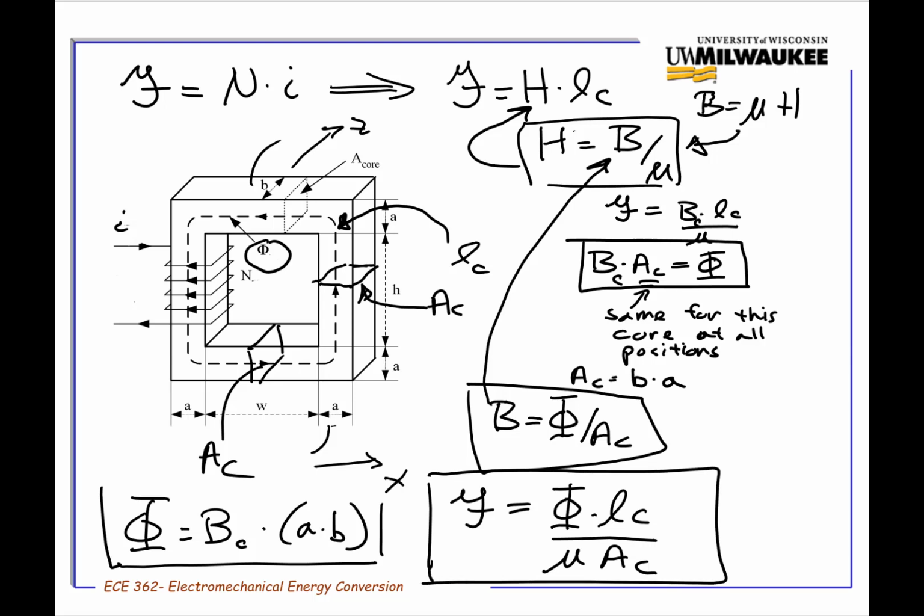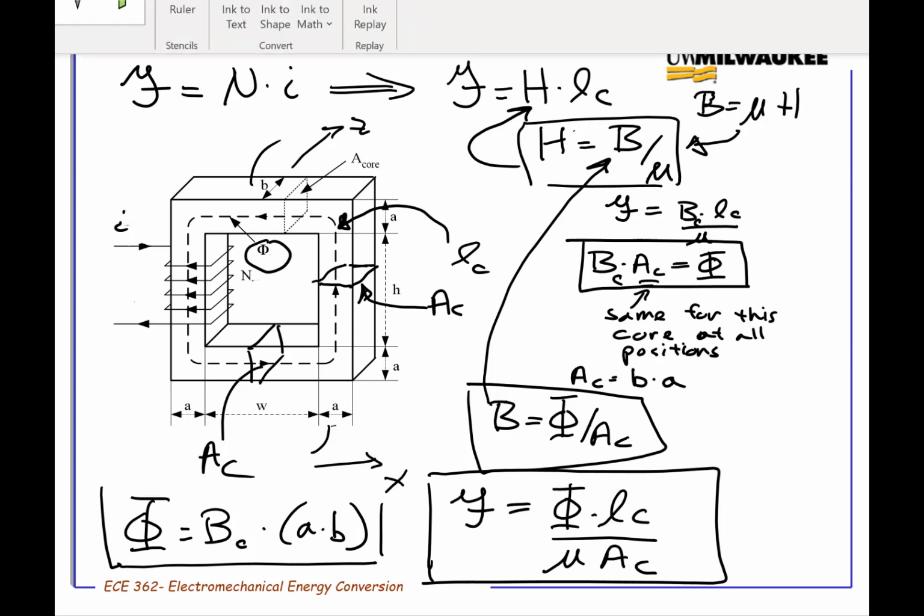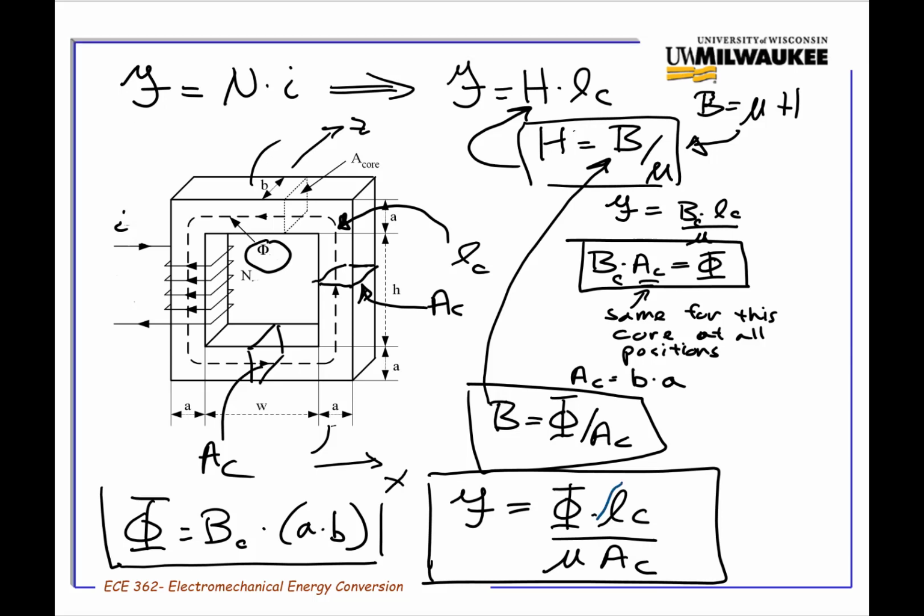What's significant here is we're going to introduce magnetic circuits, and there's a lot of analogies between the magnetic world and the electrical world, and here's the first one. The analogy is that this term right here can be isolated out and expressed as something that we call a reluctance. And the reluctance is kind of like a magnetic resistance.